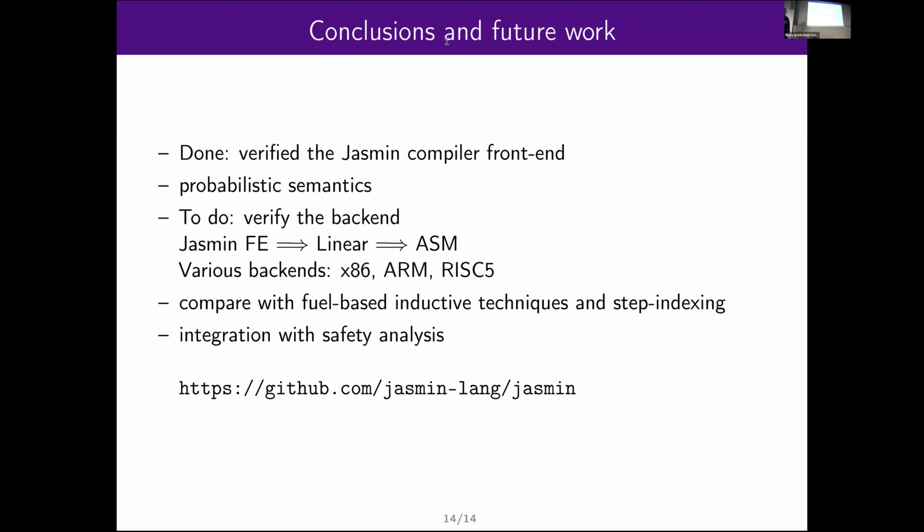We would also like to compare our co-inductive I-tree semantics with what you get out of fuel-based techniques, like those used for CompCert, for example, and step indexing, and in general, integration with safety analysis. So yeah, thank you for your attention.